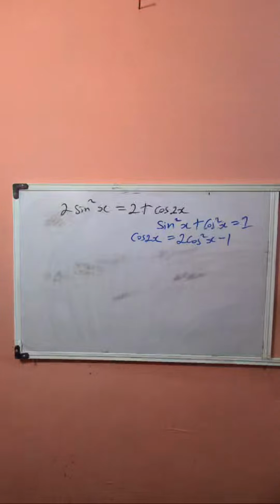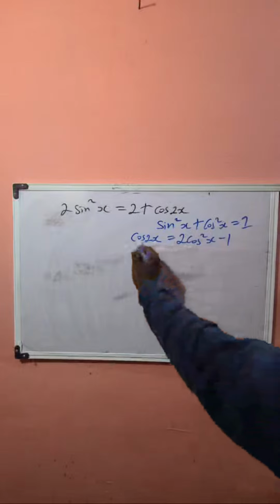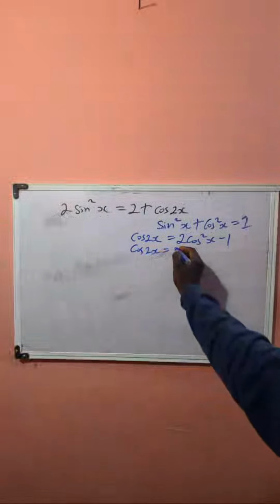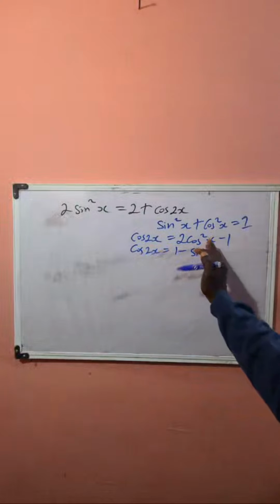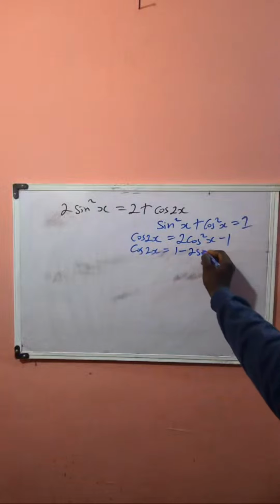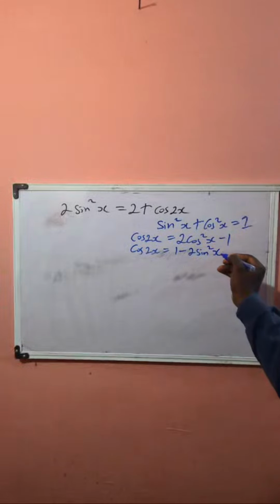Now, don't forget, somebody else may decide to write this double angle as 1 minus 2 sine square x.